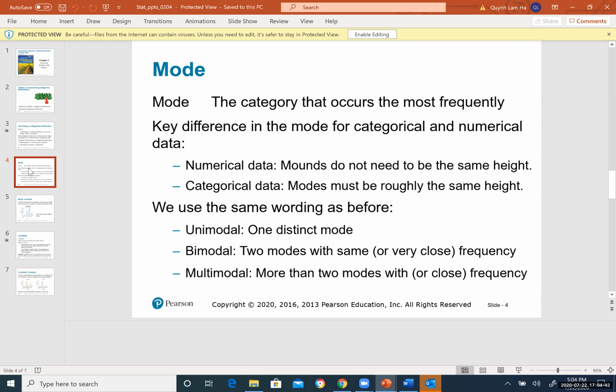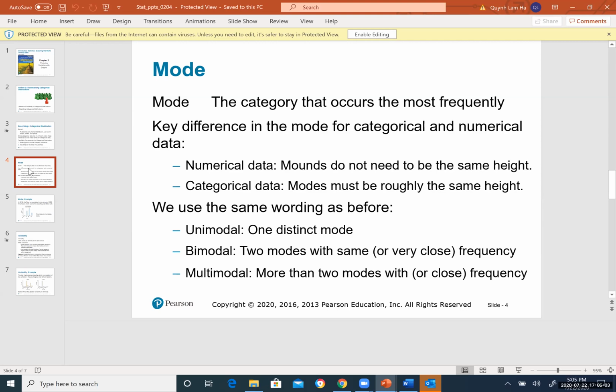But here, you can imagine, right here it says mounts, which are the tops. When you graph the data, the tops do not need to be the same height, which for numerical data means we can have many modes. That's what it means.